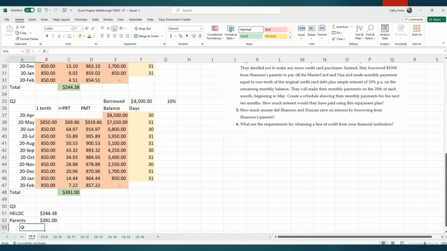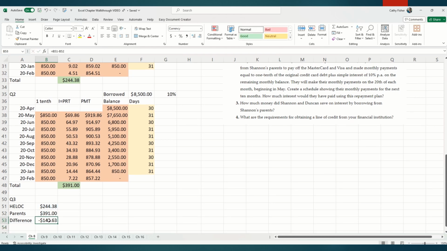Enter. And this difference is the difference between the two. So that equals this minus this was how much they paid. So they didn't actually save anything. They paid. So there, I'll just make that green right there the answer. And I put in a formula for those as well, so I'll just make that into the formula that we have there.